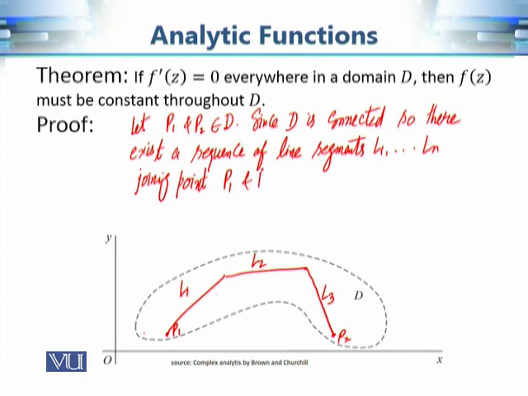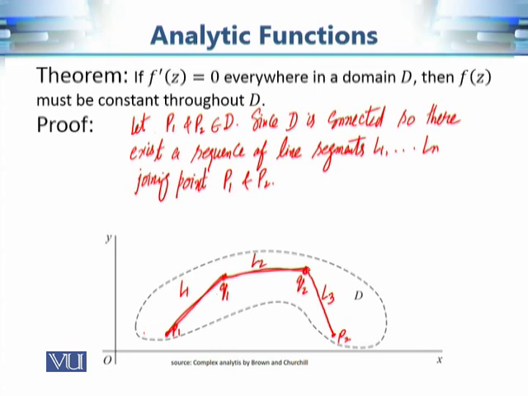P1 and P2. Now we have proved that u is constant on each and every line segment. If it is constant on this line segment, the value of u at P1 and at the middle point Q1 is the same. On the line segment L2, the rate of change is once again 0, so the value of u at point Q1 is the same as at point Q2.